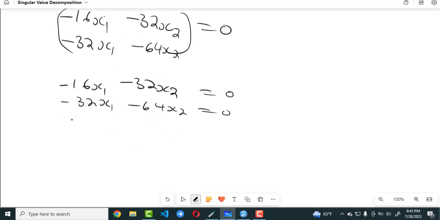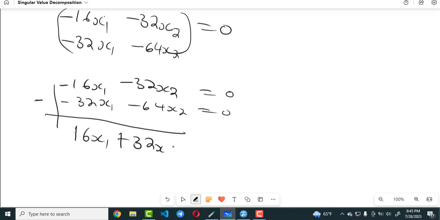Here, if we subtract, minus 16 minus this number, it means we get a positive 16 x1, minus 32 minus this number, we get a positive 32 x2 here, which is equal to 0.